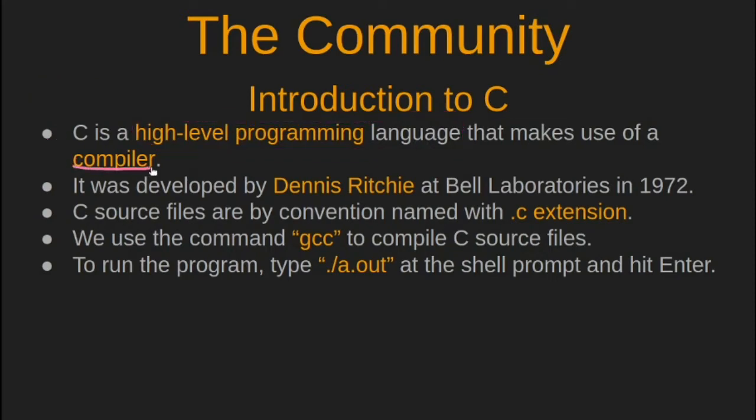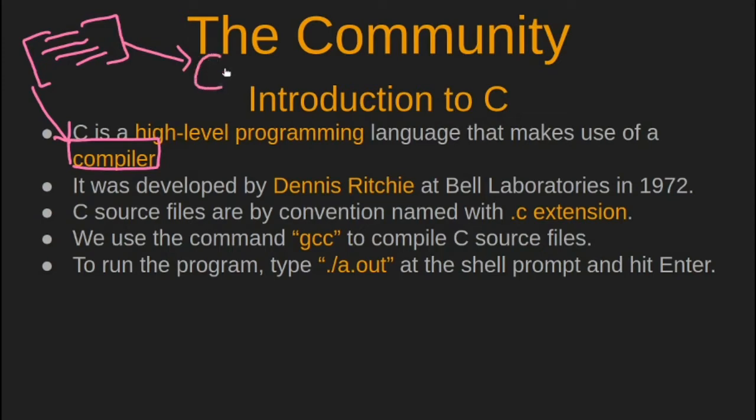Now if you are wondering what a compiler is, it's basically a set of instructions, or we can call it a program, which converts the program that we wrote using instructions that we as humans can understand into an instruction that a machine, especially the CPU, can understand.